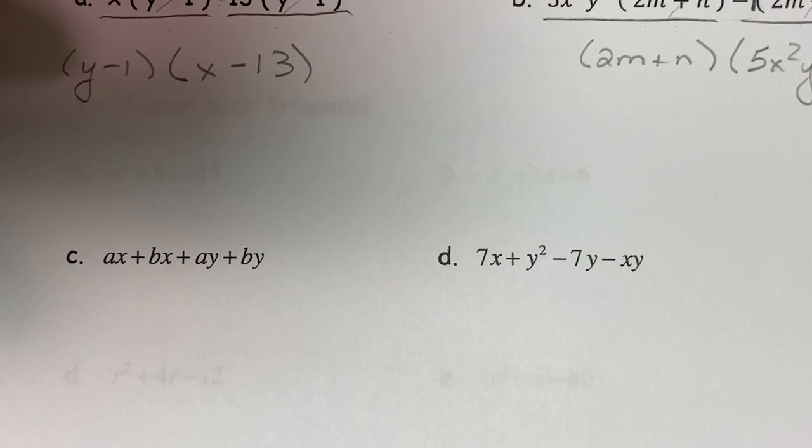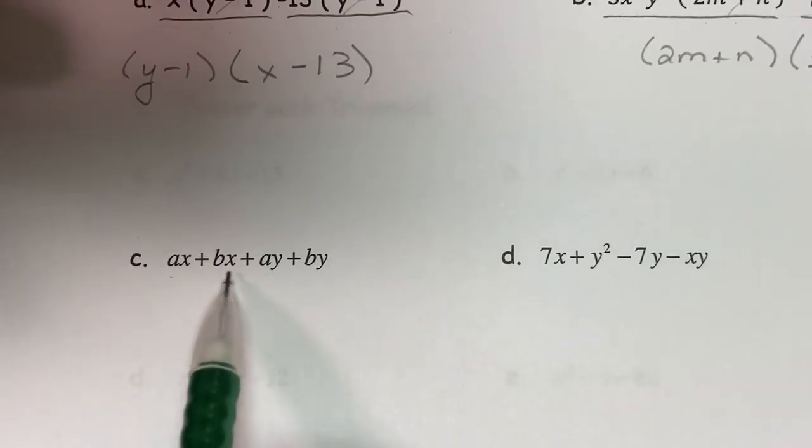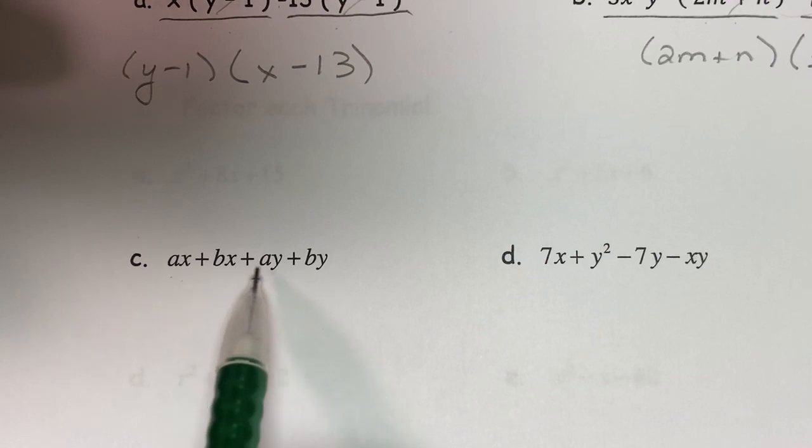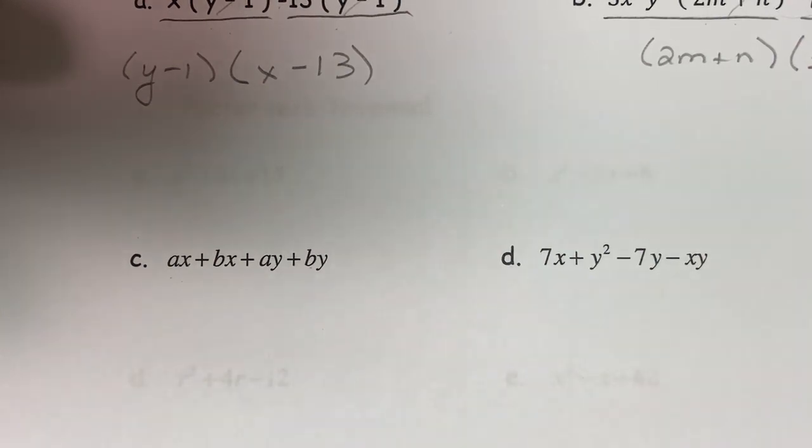So if we look at C, do you notice that all 4 of them don't have anything in common? It would have to be common to all 4 of them. There's nothing. Whenever you have more than 3 terms in a polynomial, you are going to factor by grouping. 98% of the time, you will group them in this manner.